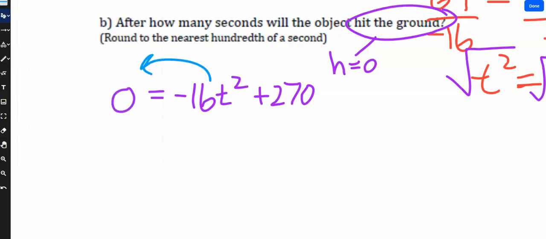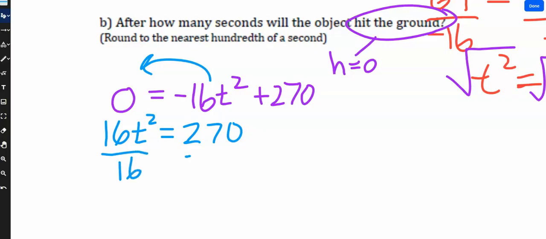What if we took this term and moved it to the other side, making it positive 16t squared equals 270? Didn't I just save myself a step because now I don't end up having to divide by a negative number? Well, I guess I still have to divide, so it's not like it's saving me a lot or anything like that. But it just looks nicer with only positives and no negatives.